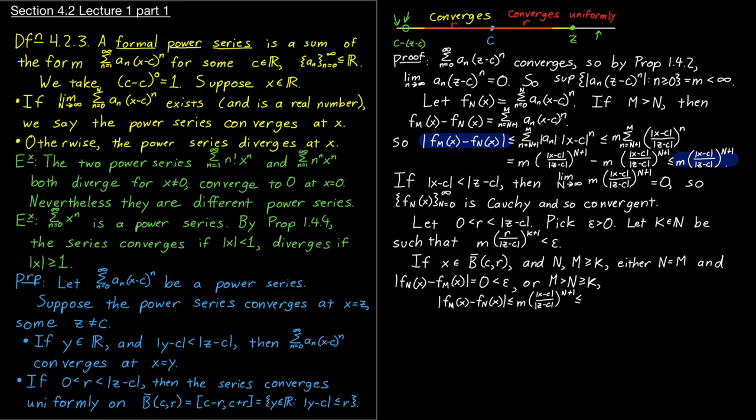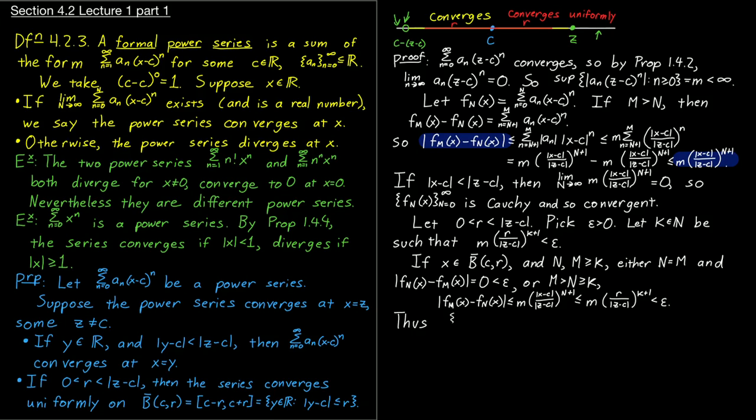That is all less than or equal to, M stays the same, |x − c| is less than or equal to r over |z − c|, and n is bigger than k, r over |z − c| is less than 1, so this is less than just taking it to the k plus 1th power, which is less than epsilon.